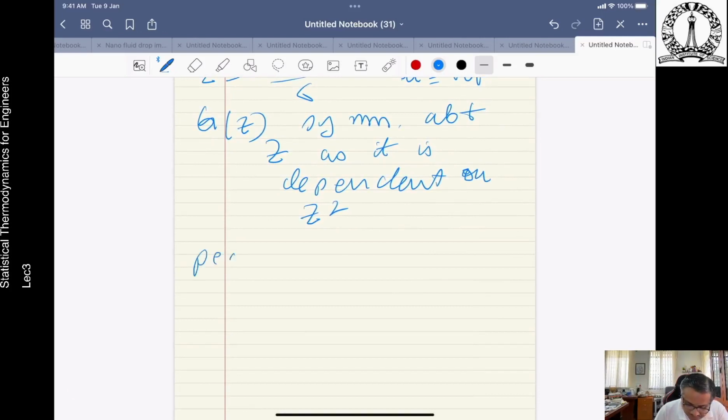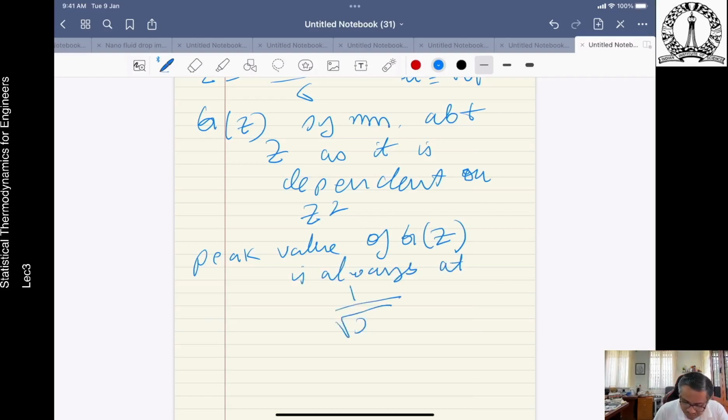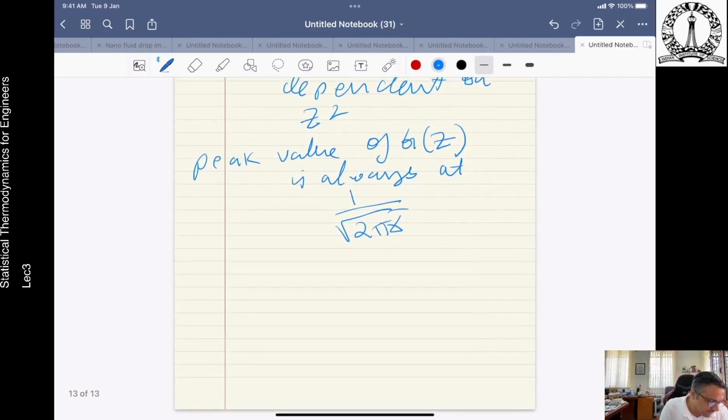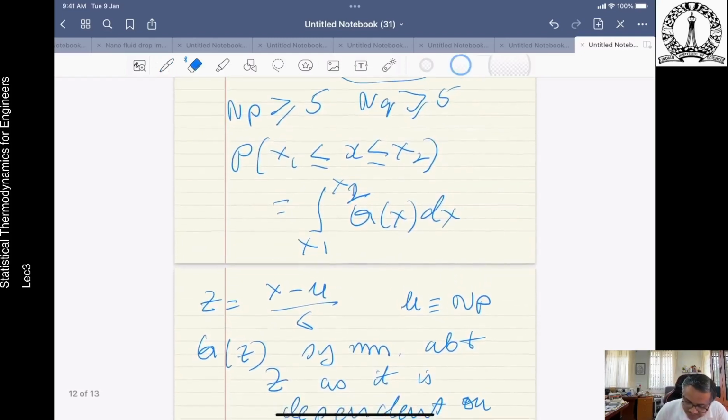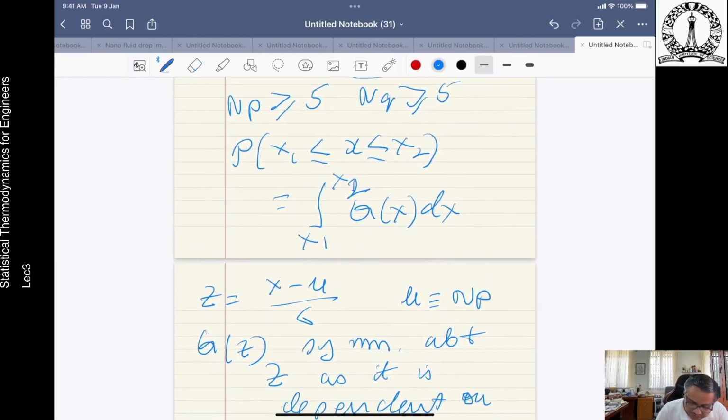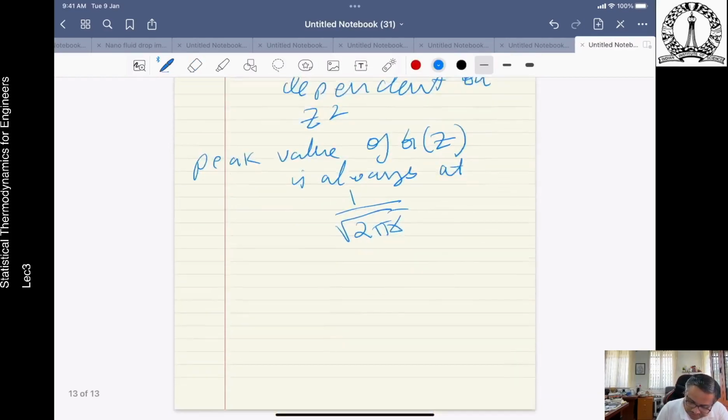Peak value of g(z), again I'm writing this explicitly, is always at 1 over root 2 pi sigma. Okay, and let's see what else we have got. So this is the most convenient method of calculating the probability when your probability follows a Gaussian distribution, which in many cases it does.